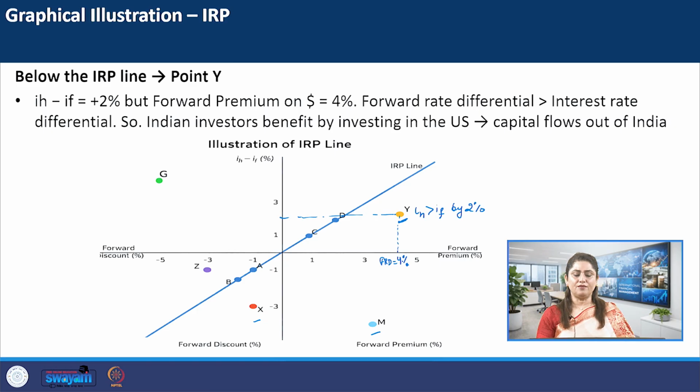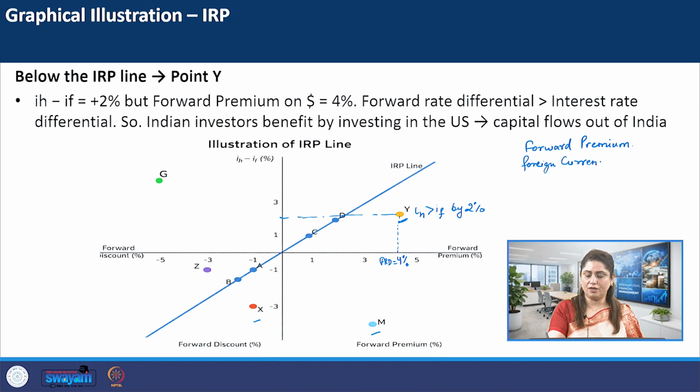So Indian investors benefit by investing in the US because, if it is a forward premium, then we can say the foreign currency, which is the dollar here, because we are taking the case of India and USA, is appreciating.